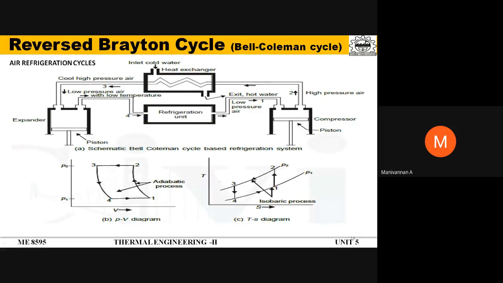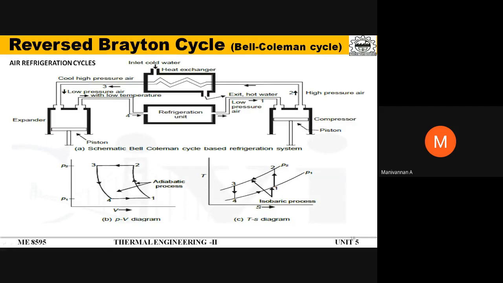So my compression and expansion processes you have assumed as ideal. But in practice, we cannot have isentropic compression. Your compression is a polytropic compression, and expansion will be a polytropic expansion. So there will be heat loss and a change in entropy.